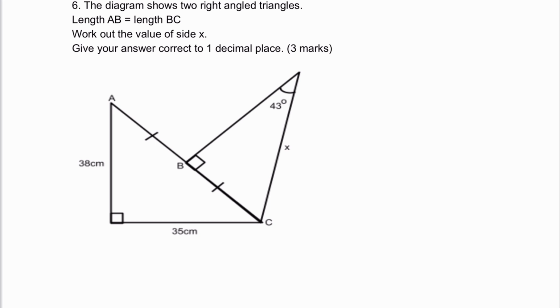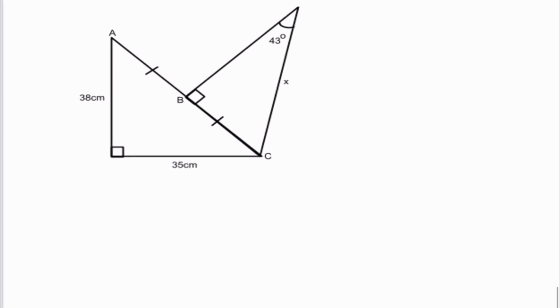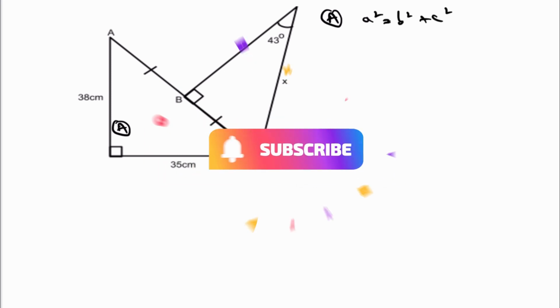Okay, well, in order to do that, let's have a look at working out the length AC, because effectively we can use Pythagoras to deal with triangle A. Okay, so triangle A is going to be A squared equals B squared plus C squared.